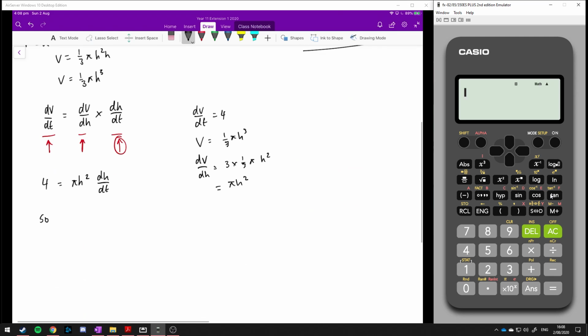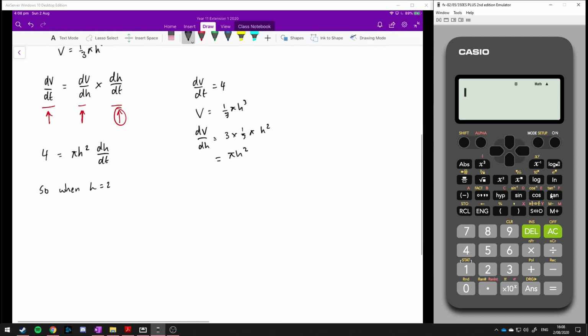So when h is equal to 2, 4 is equal to pi times 2 squared times dh/dt.